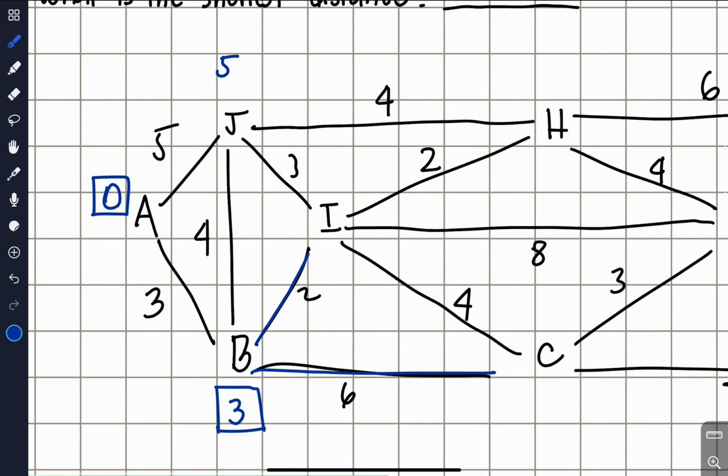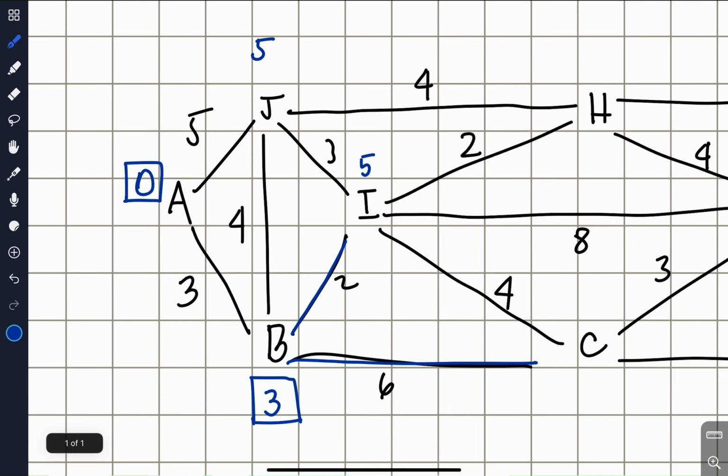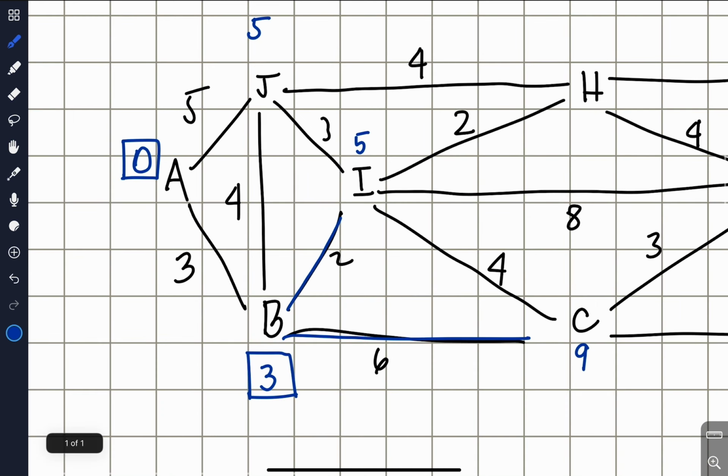So this means that from B to I, we have 3 plus 2, which is 5. Then from B to C, we have 6 plus 3, which is 9. There we go. So we have two different options to take. Again, we just repeat what we did from the initial vertex.